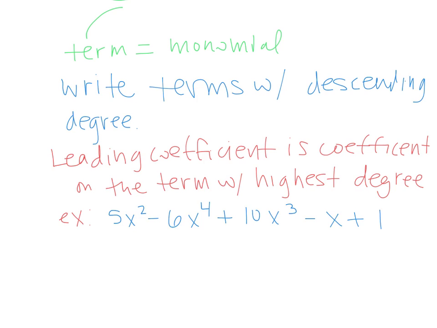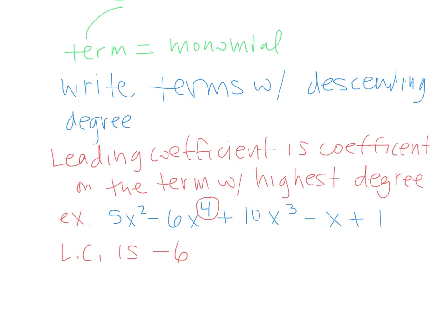The highest degree is 4. So the leading coefficient, I'll abbreviate here, is -6. This polynomial is not written in descending degree, so to answer that question we want to pick out the term with the highest degree, not necessarily the first one.